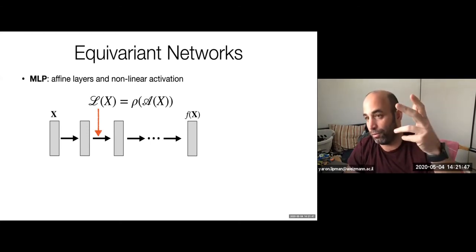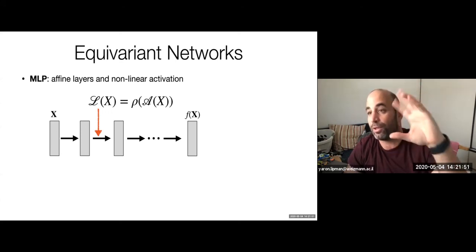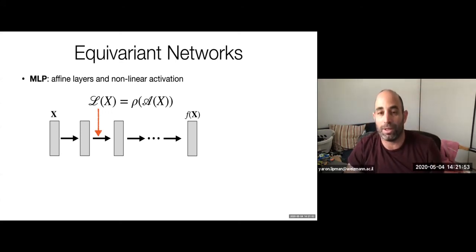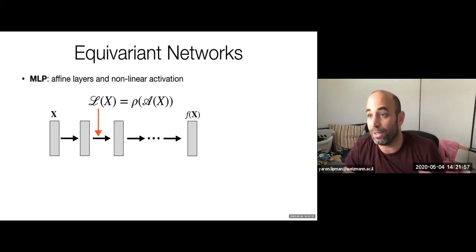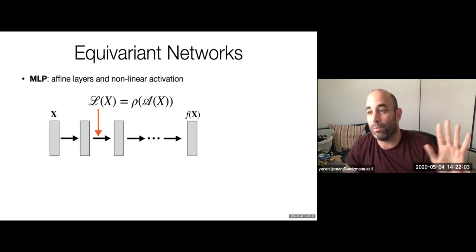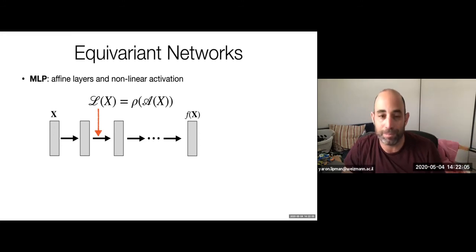If you enter a permuted version and then do ReLU, it's like doing ReLU and then permuting, right? You can think about it a little bit in your head and convince yourself that's the case. So we're already in luck that we don't need to care about the nonlinear activation of neural networks. These will be permutation equivariant for free.